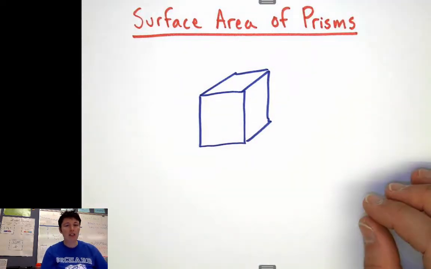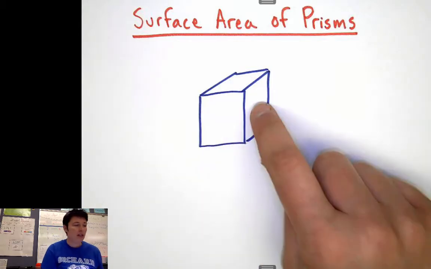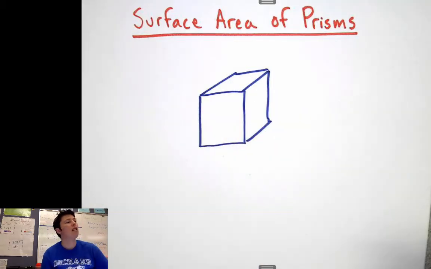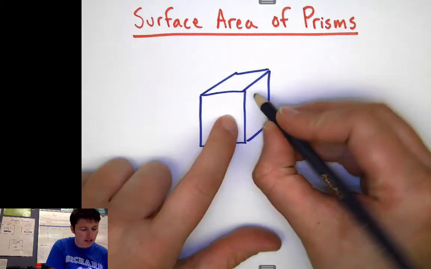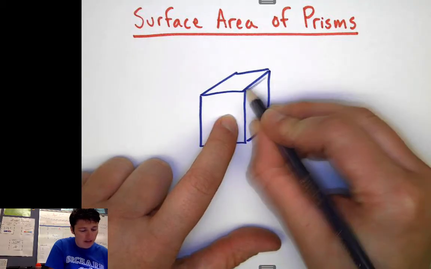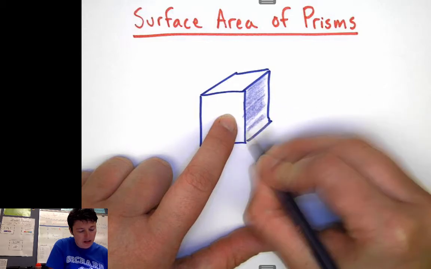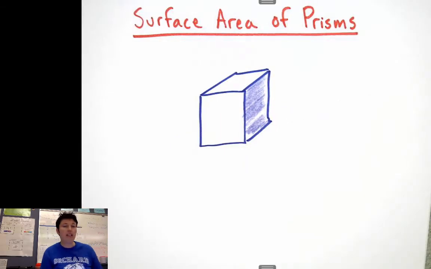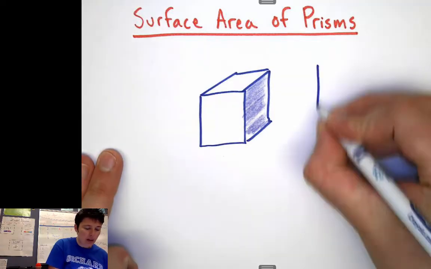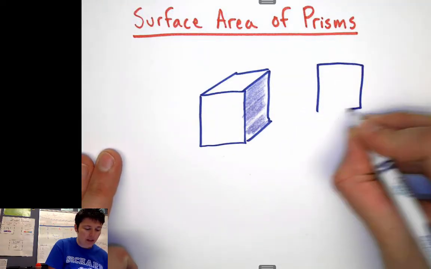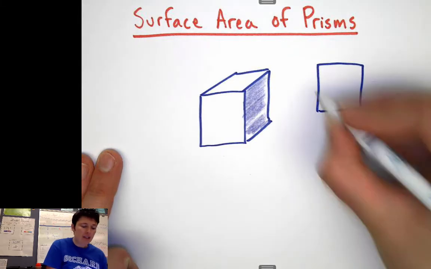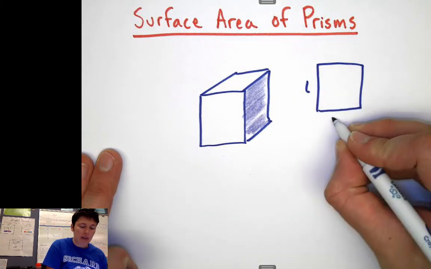So imagine that you could take each of these faces and shade them in with like a colored pencil. Let's start with this side. I'm going to shade that face in with kind of a blue-purple colored pencil here. Now, if I need to find the area of that one face, I think of it as a square because it looks like a perfect square. It's going to have a length and it's going to have a width.